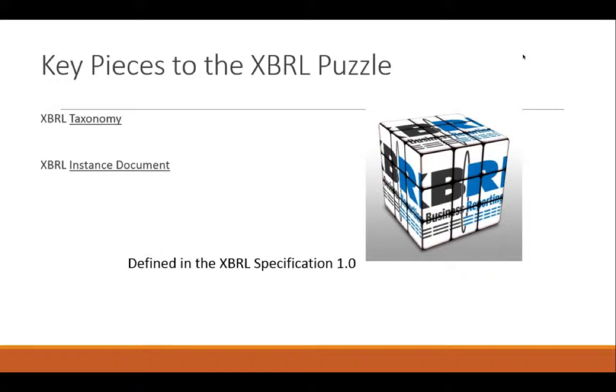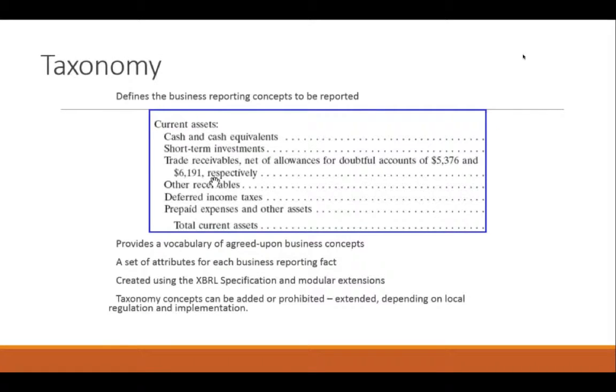And basically, there are two key pieces of XBRL. As we said, one is the XBRL taxonomy that is derived from the accounting standards, and the other one is the XBRL Instance Document. So first, let's see what the XBRL taxonomy is. For example, the XBRL taxonomy can be all these concepts in the financial statement.